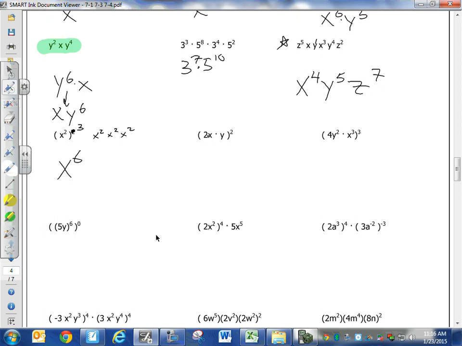Write it on your piece of paper first. What is 2 times x times y squared? Not plus. No, this is y squared, not 2y.